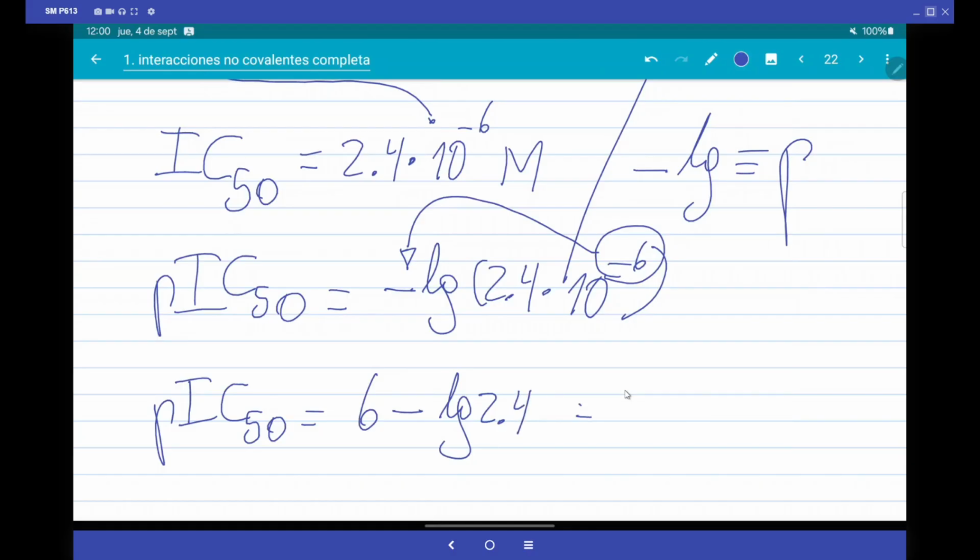What happens if the activity was nanomolar? What happens if it had been 2.4 nanomolar? Then the formula would be 9 minus logarithm of 2.4.